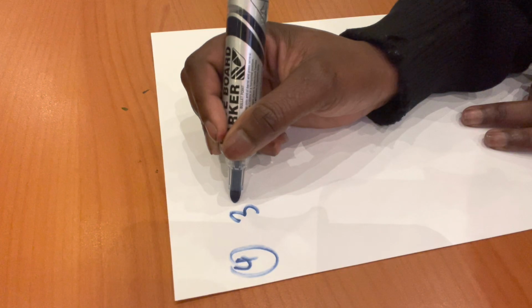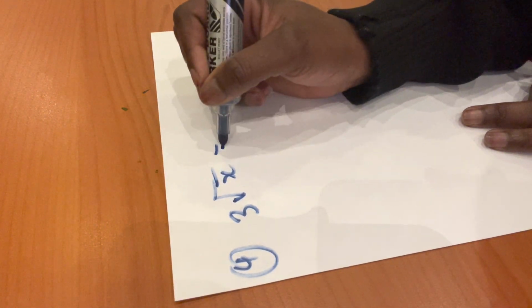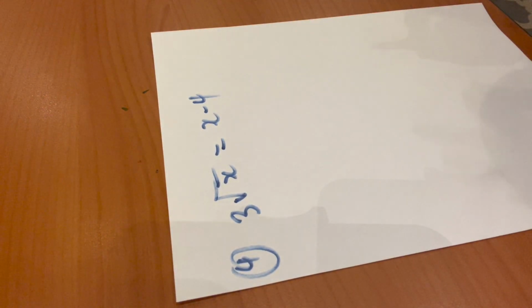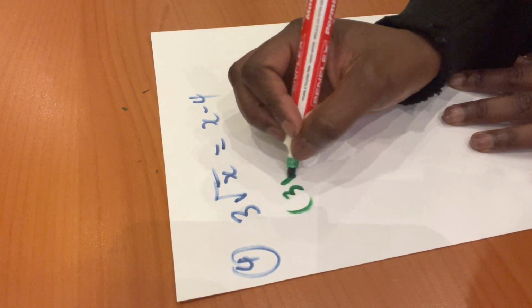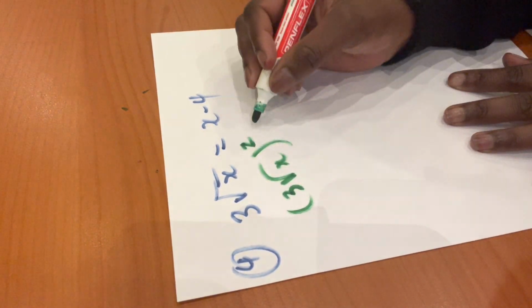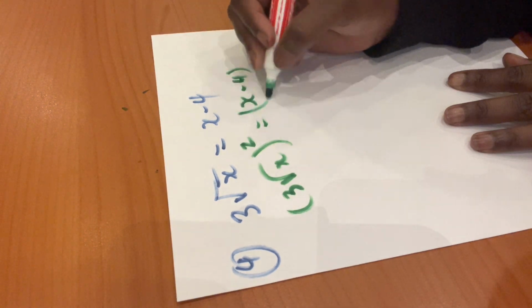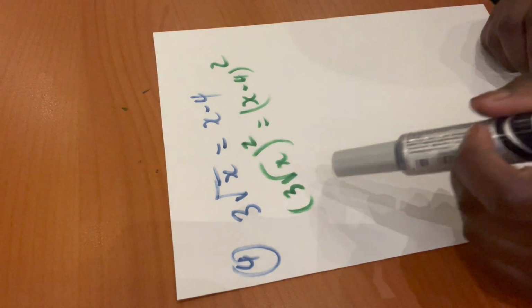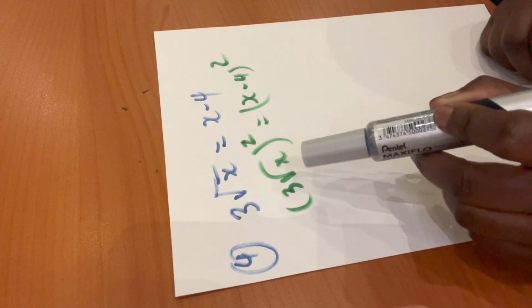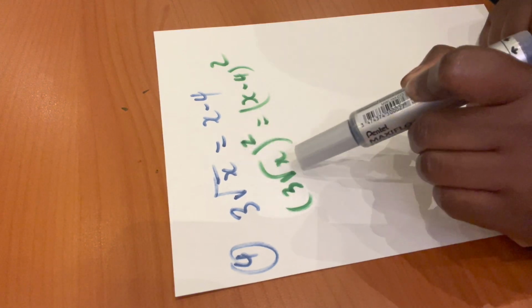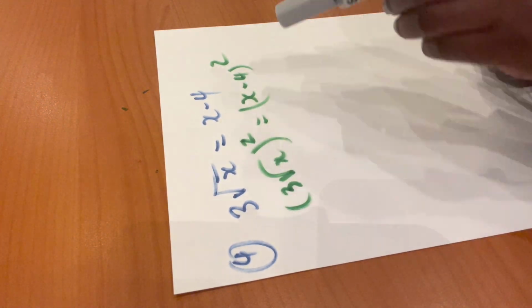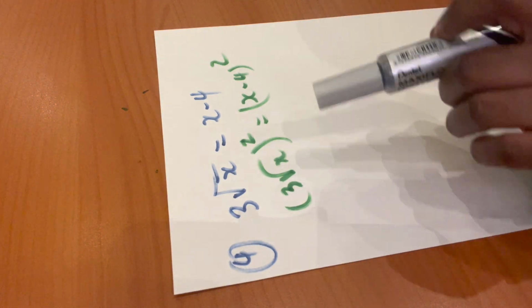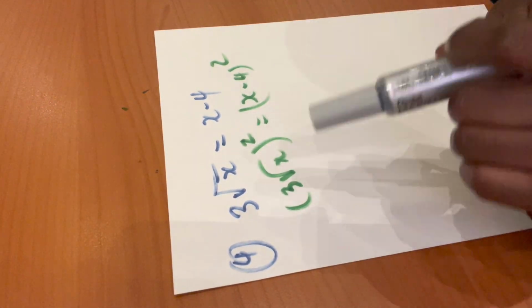So I have 3 square root of x equal to x minus 4. Let me get rid of the square root. I have to square the value, but once I do that here, I have to do it on the other side too, because my equation needs to balance.